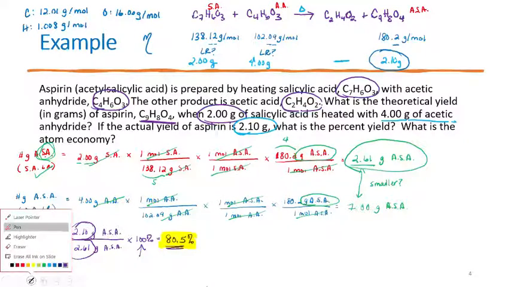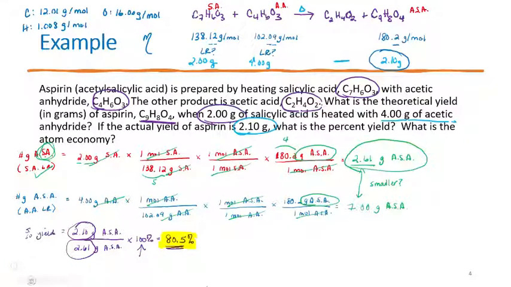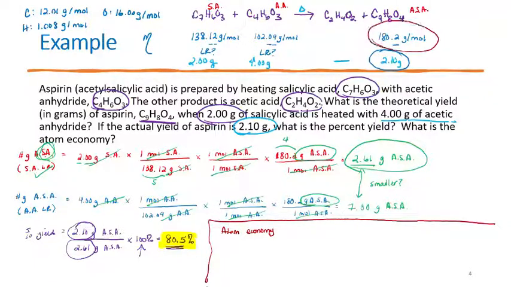Now let's look at our atom economy. Give ourselves a little bit of room. Atom economy, again, is looking at the molecular weight of your desired product or target product divided by the molecular weight of your starting reactants.